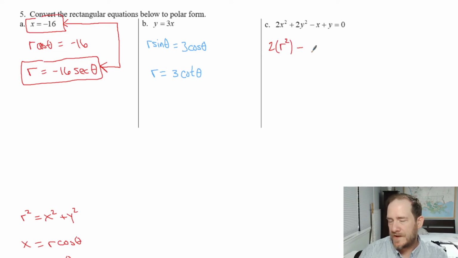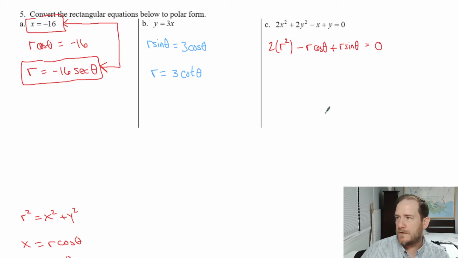And then your minus x is an r cosine theta. And your plus y is an r sine theta. That equals 0. Now what? Not entirely sure how to clean this up nicely.